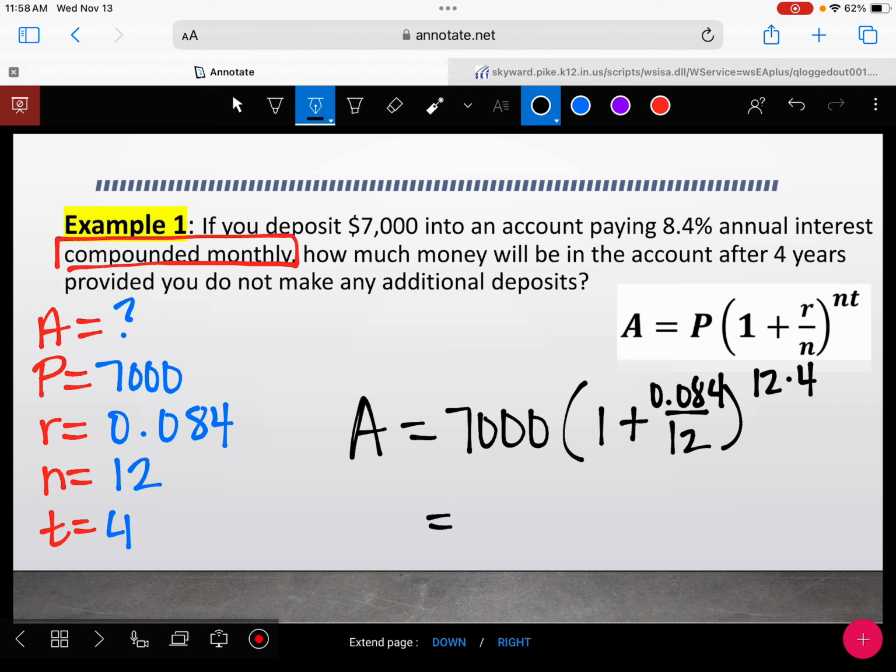Now, we're talking about money, so it should be rounded to the hundredths place. So 2 numbers after the decimal.